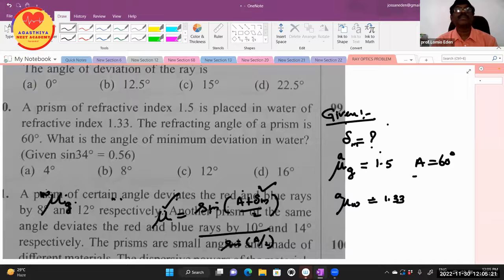Actually, the refractive index of the glass with respect to water is what we need to calculate, because the prism is kept inside the water. But this value is not given. Only the refractive index of the glass with respect to air and the refractive index of the water are given. How to find out this value? You use this formula.